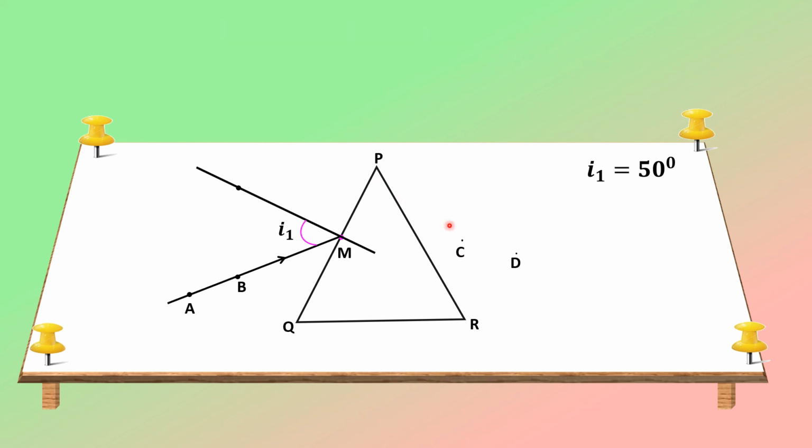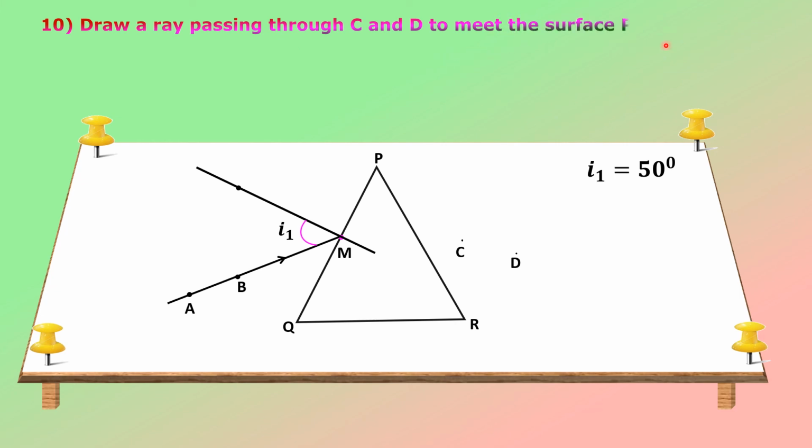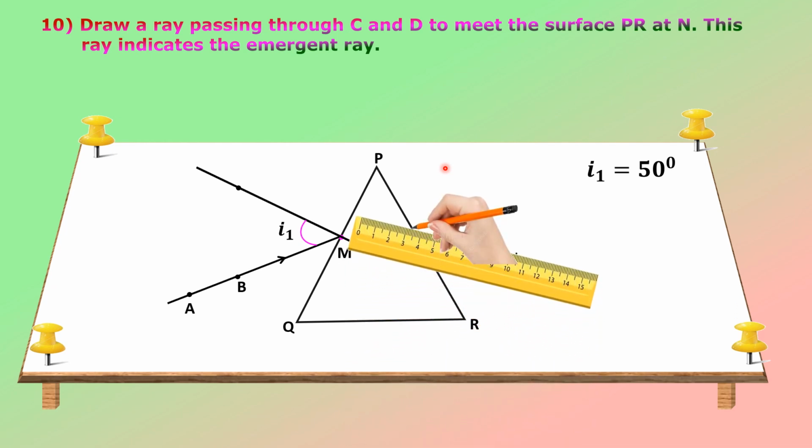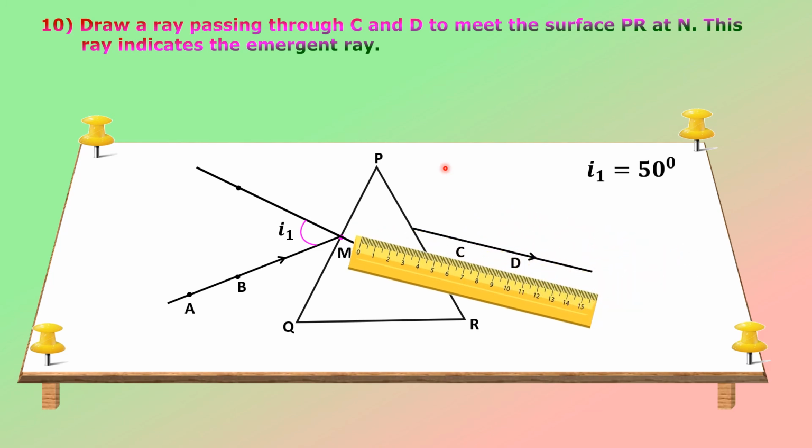Now we have to draw a ray passing through C and D to meet the surface PR at N, and this ray indicates the emergent ray. So this is the emergent ray.